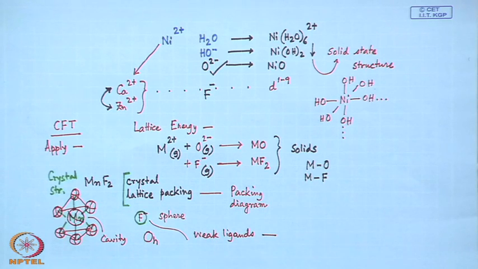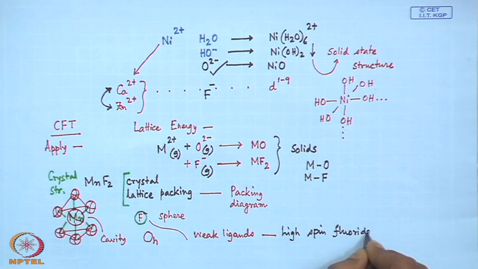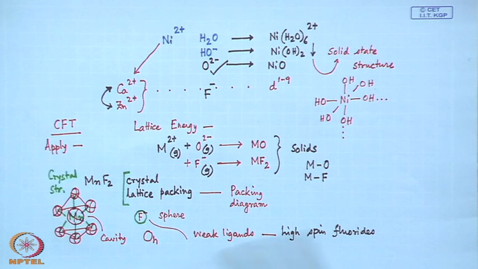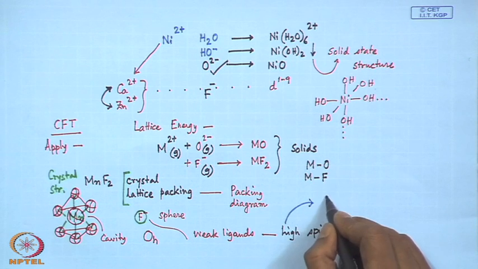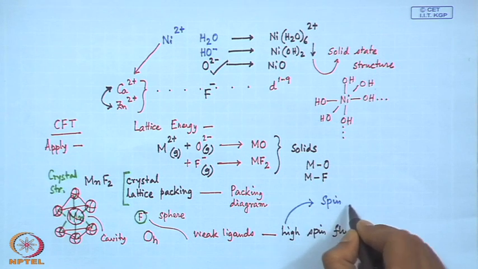We are now very well accustomed with the idea that when we have fluoride ligands, which are weak ligands, we will be having high spin fluorides, because we do not expect any kind of spin pairing.